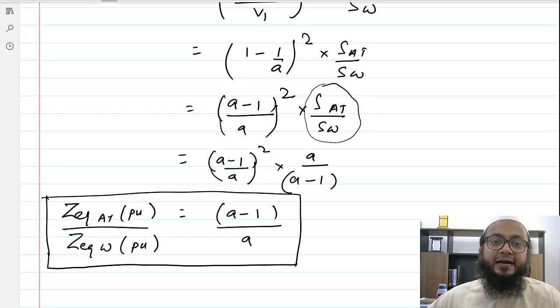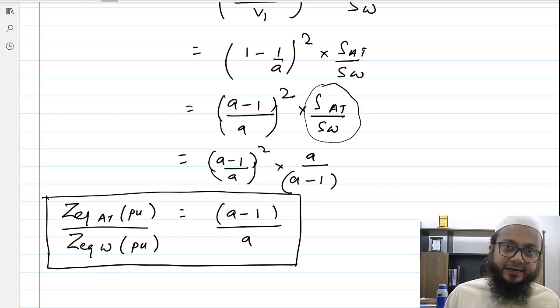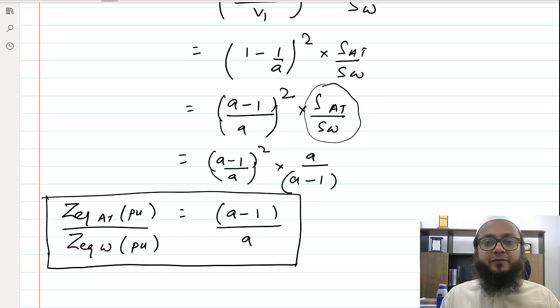And because of that, the fault current in terms of per unit would be more. Let's say in a two winding transformer with an equal number of turns, a short circuit fault occurs. The per unit impedance which will restrict that current would be lower if it has been connected in an auto transformer way.